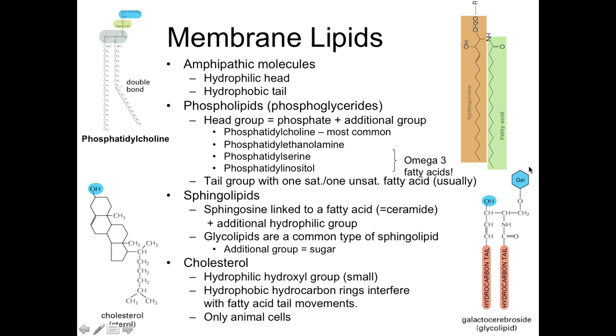The non-cytosolic monolayer of the plasma membrane is rich in glycolipids because it's those oligosaccharides that make almost a cellular language that other cells recognize.